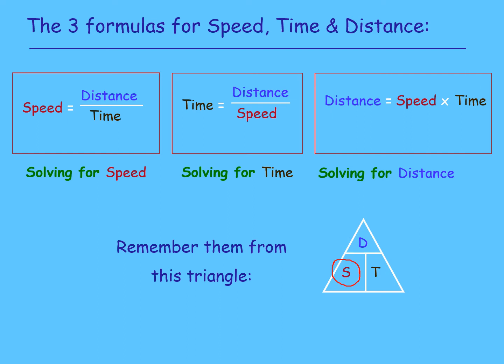Next, if the problem is distance, then we have speed multiplied by time. How about if the problem is time? Then we have distance divided by speed. So that is very easy to remember.